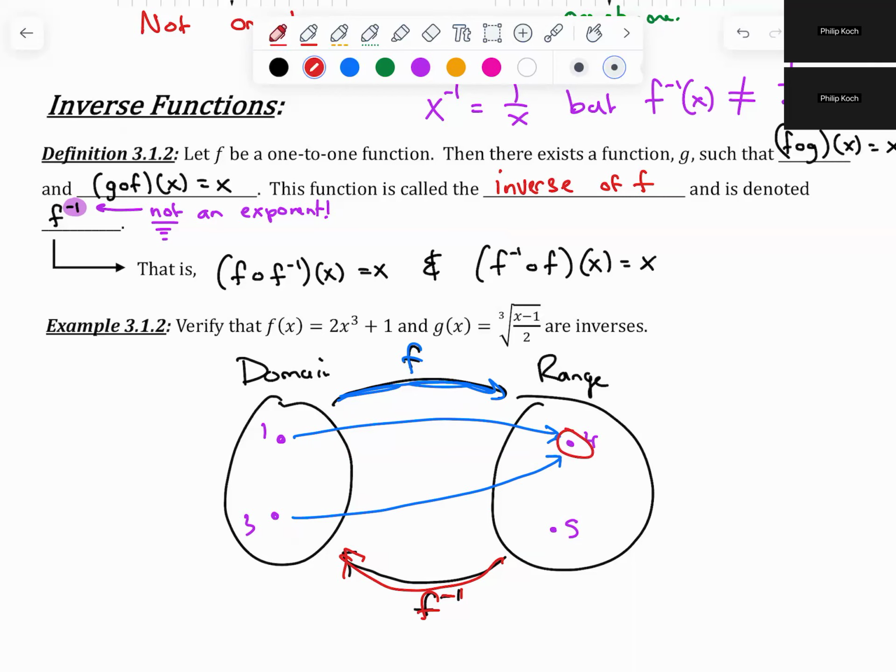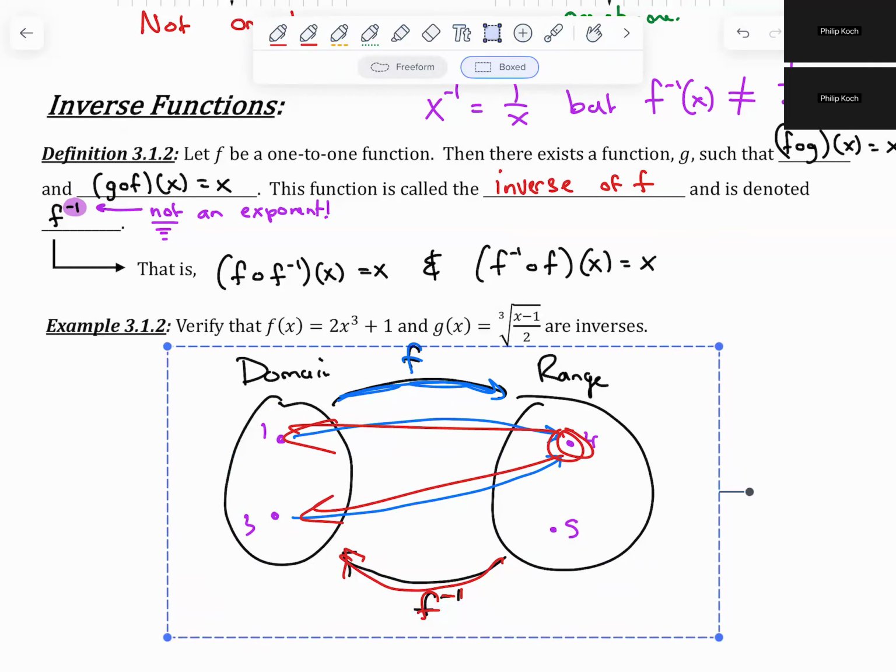Remember, in order to be a function, each thing needs to go to one specific thing. It can't go to multiple places. So in order to have an inverse, you have to be one-to-one. Otherwise, one of your values will get sent to two different things at once, which is problematic.